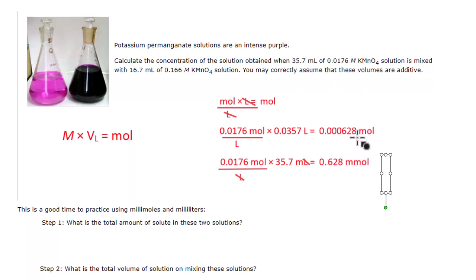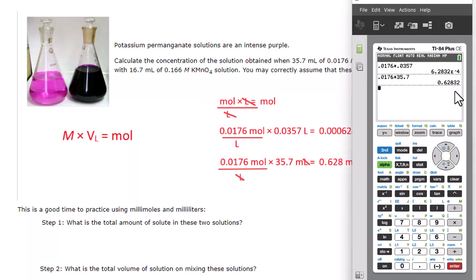It makes sense. So what is the total amount of solute in both of these two solutions? The solute's the stuff you dump into the water, of course. So we'll get our calculator and do the same thing with our next problem. I've already calculated the millimoles of the first dilute solution, this pink stuff, and I'm going to add to that, same method of calculation, 0.166.